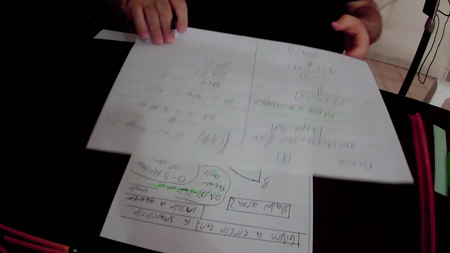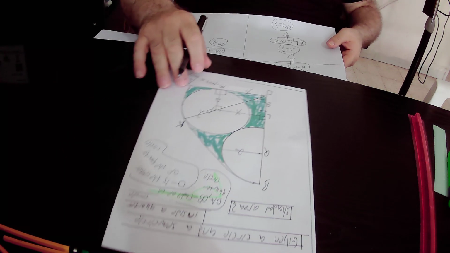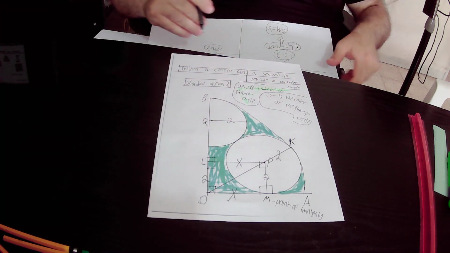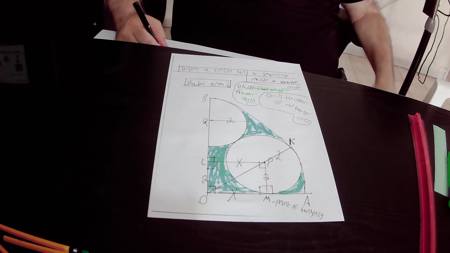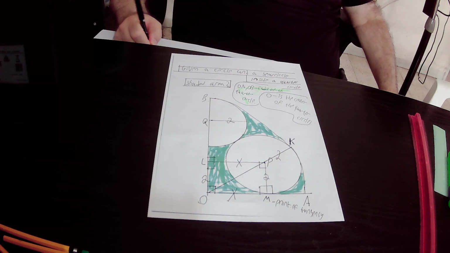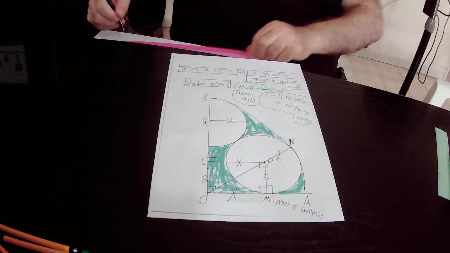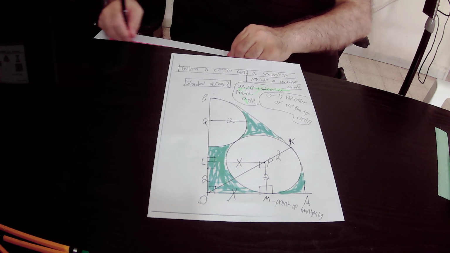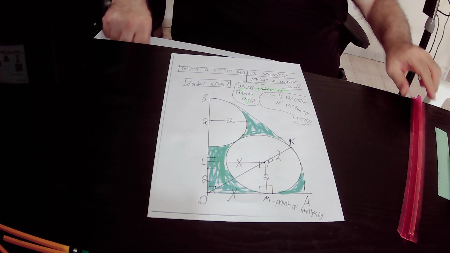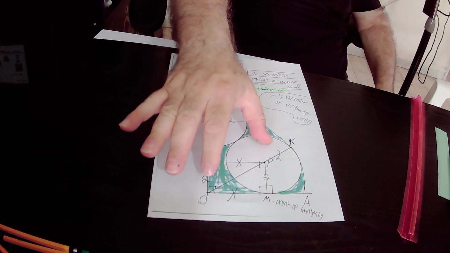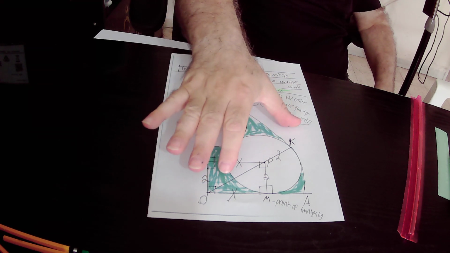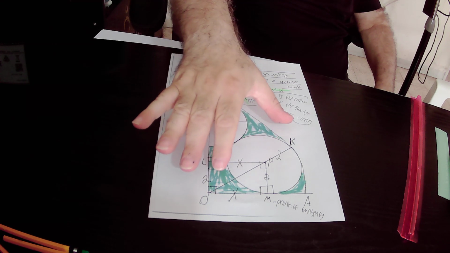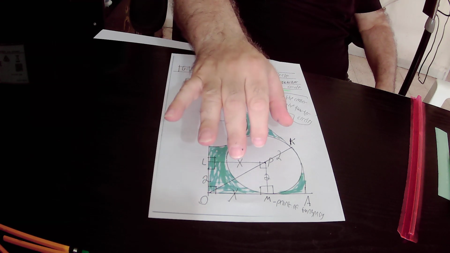And what is the length of line segment PO? From the drawing, it is very easy to see that PO equals KO minus KP.